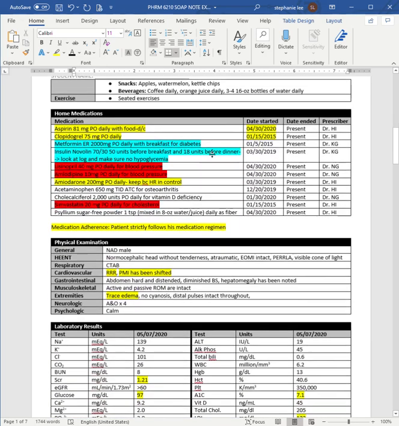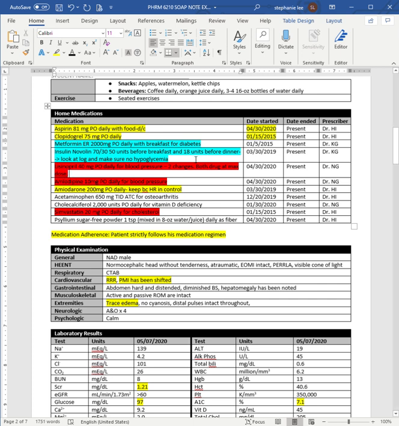So I would make 2 changes. But I see lisinopril 40 and amlodipine 10 here, both at max dose, so I won't be able to change the dose of either one of these drugs.